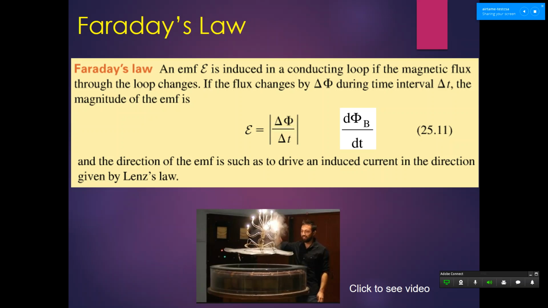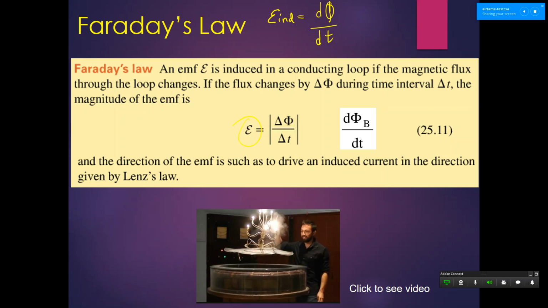So again, coming back to Faraday's law, the induced EMF, we're going to call it E induced, is going to be the rate of change of flux as a function of time. So we use differential notation, the small d's.